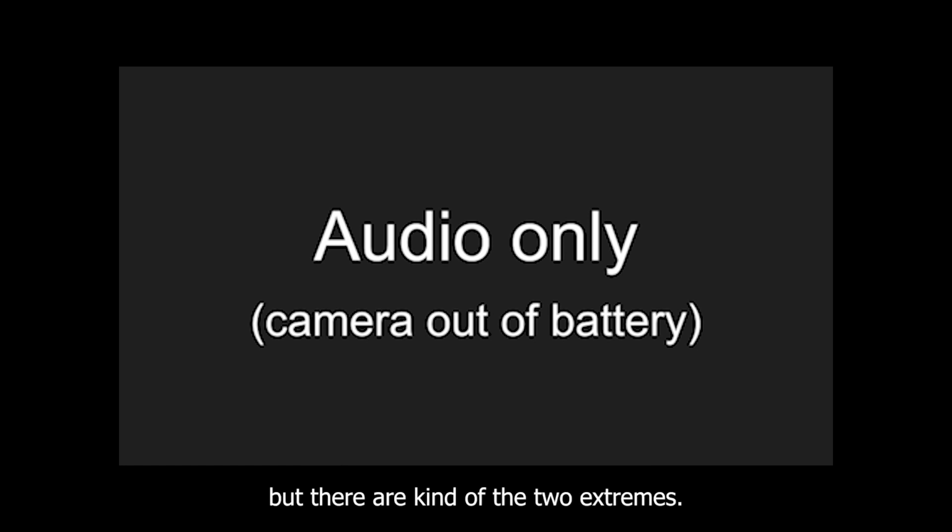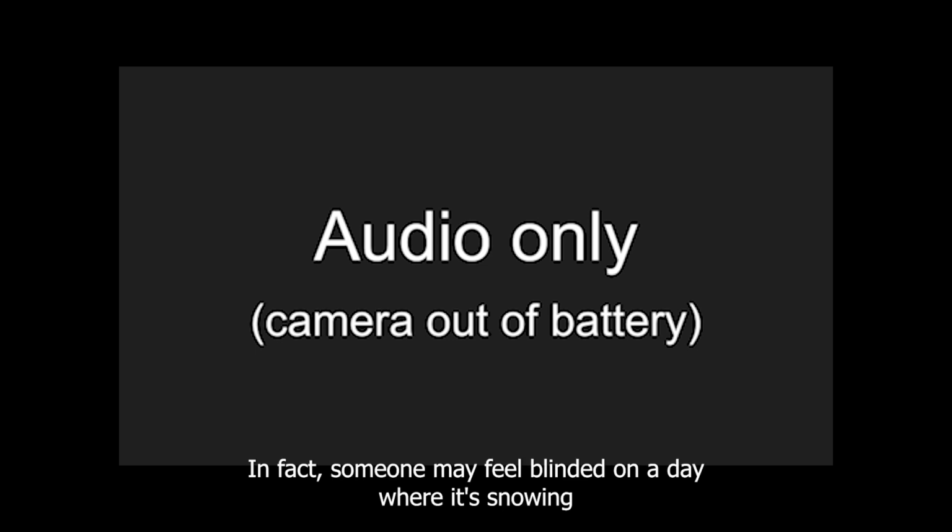And so there's kind of the two extremes. So if someone is super sensitive to light, a snowy day may be very difficult to tolerate. In fact, someone may feel blinded on a day where it's snowing and there's a lot of reflective light off that snow.